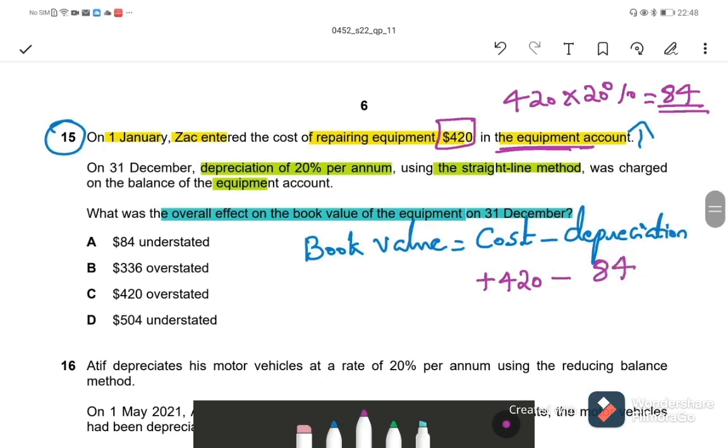Here cost is overstated and depreciation is also overstated. So the net effect is 420 minus 84, which is equal to 336 overstated. Actually it was overstated by 420, but depreciation was also deducted on the same mistake. So the net effect is 336 overstated. Correct answer is option B.